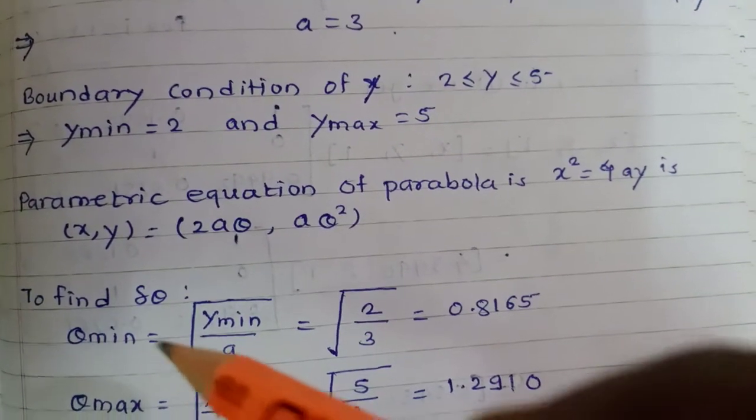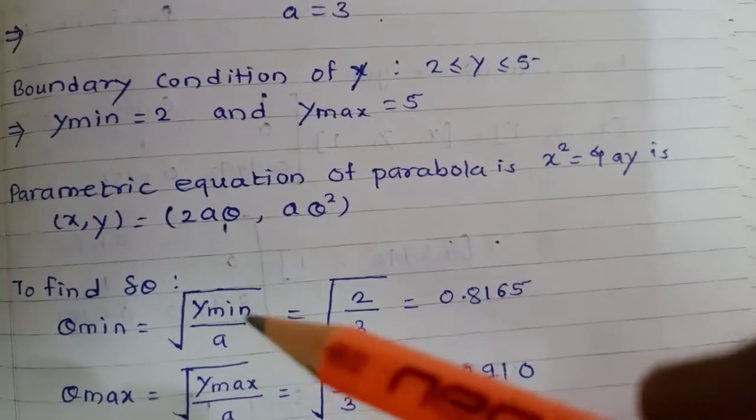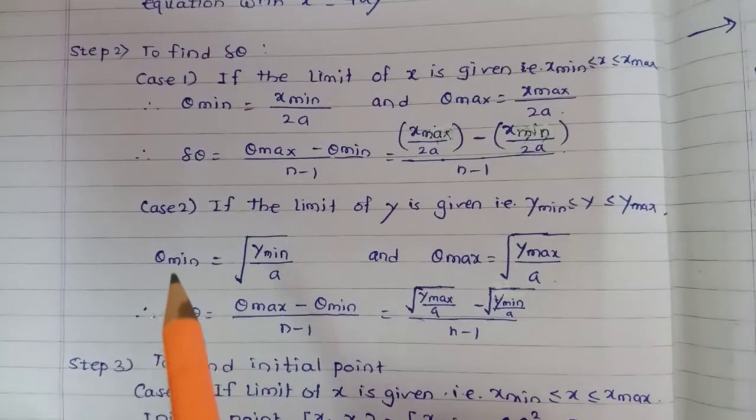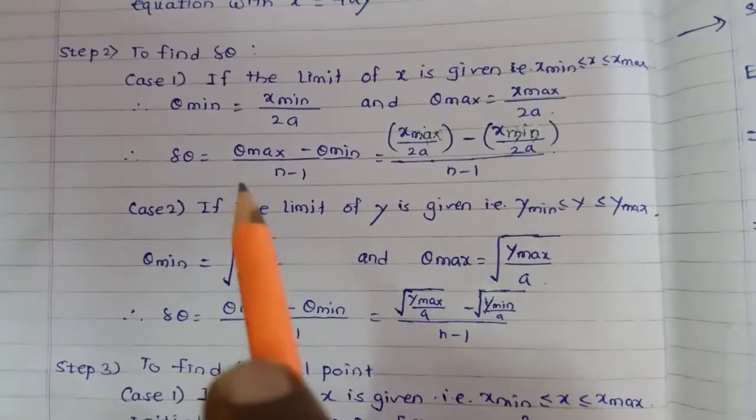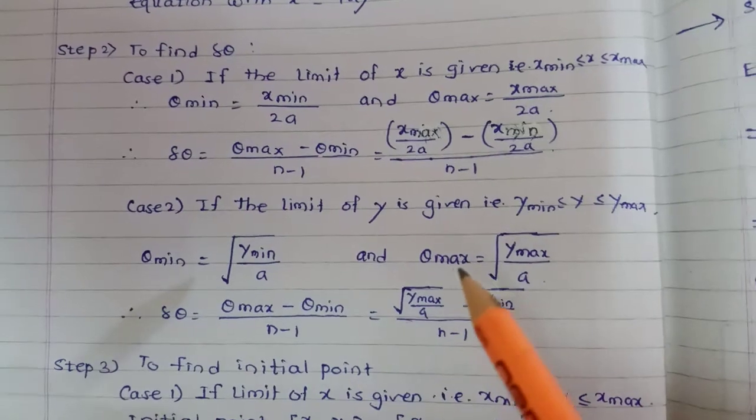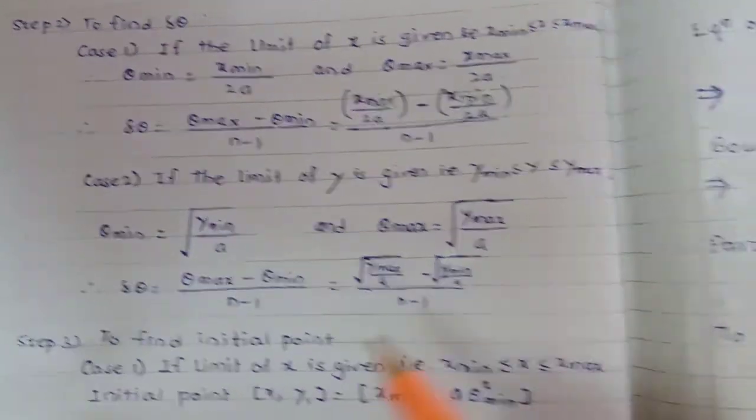We already know how to find that formula. If the boundary condition related to y is given, our theta min becomes square root of y min by a, and theta max is equal to square root of y max by a.